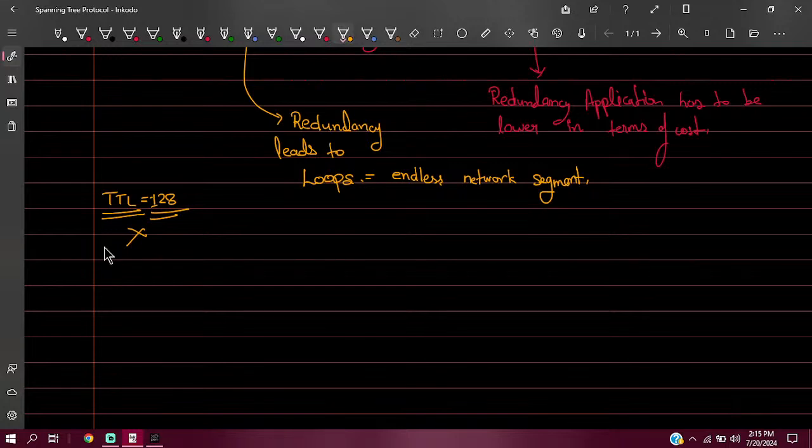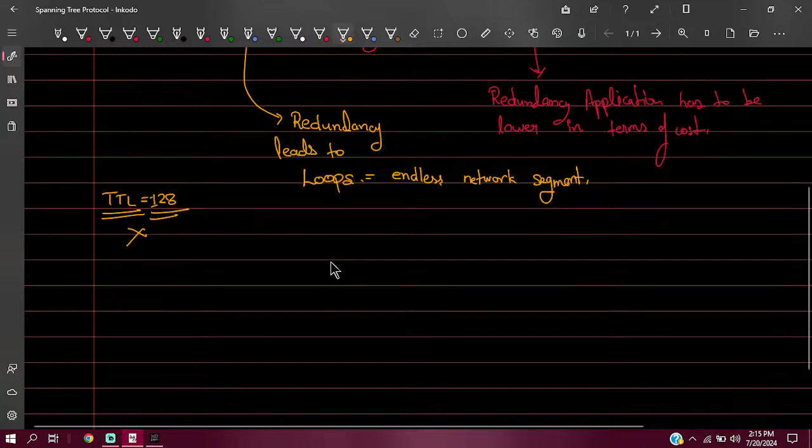Come, let's see. First we'll see how basically the loop will be formed, and then we'll try to remove it. Okay. So let me create a similar single point of failure connectivity.